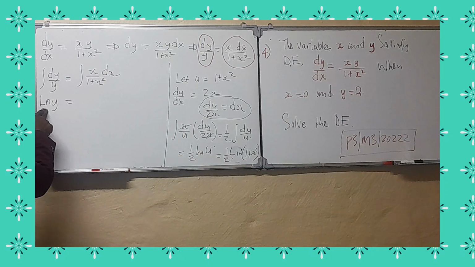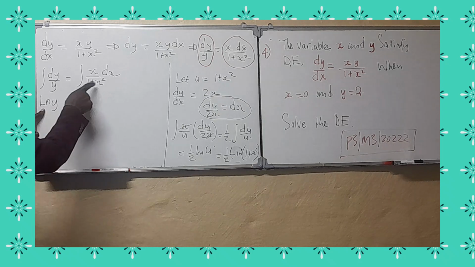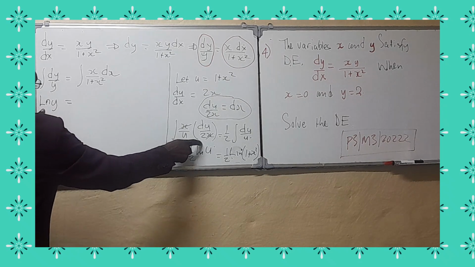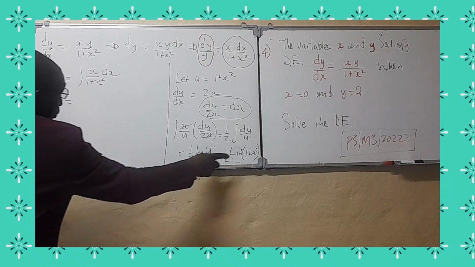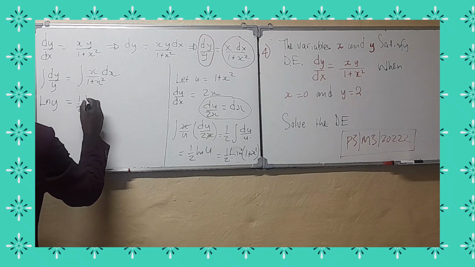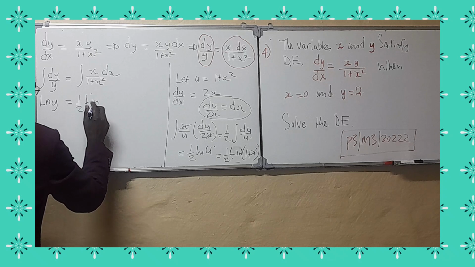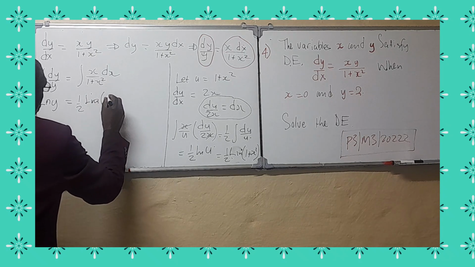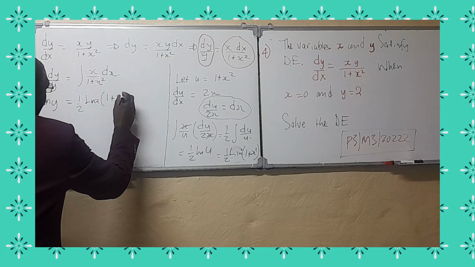Remember, on the left-hand side, we had dealt with y. We found it was ln y. And what we were busy trying to sort out was this guy here. And we sorted it out. It's now equal to half ln, sorry, ln 1 plus x squared.